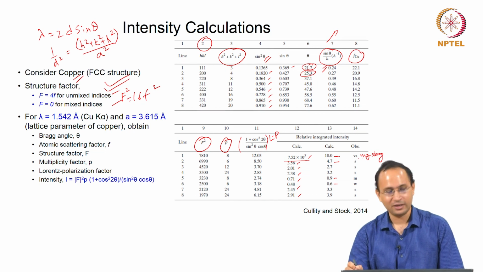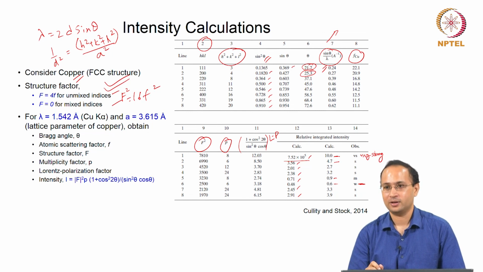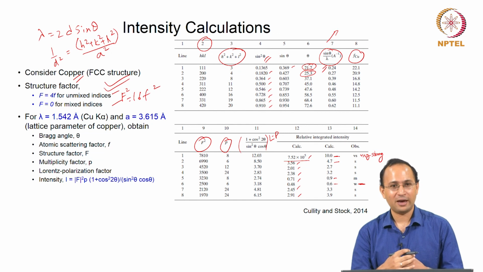It says that line 1 is the strongest, which also matches your calculated intensity. And you also notice this is the weakest, this is weak, M is medium, S is strong. So, very strong, strong, medium, weak. Just this simple calculation can give you the relative intensities. So, now you know where you are getting diffraction and what the intensity of the peaks will be. Okay, is it clear?